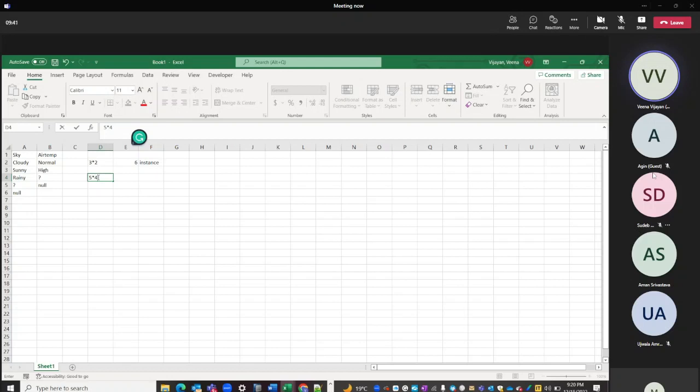Now, when this case comes in, null into normal is also a null. Null into high is also a null. Similarly, sunny into null, anything into null, it will be considered as a null entry or negative entry. Similarly, null into null is also a negative entry. Rather than considering it so many times, we are taking that one entry, null, as outside.